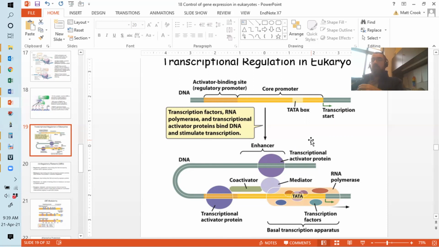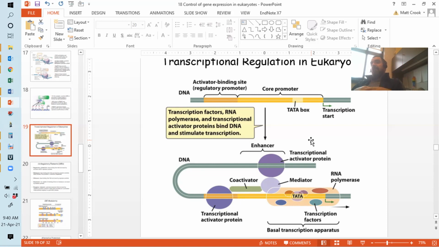So you will get transcription as long as nothing is interfering, but you're not going to get really high levels. You're also not going to get no transcription, because there's no real way of turning that off. So this is the core promoter, the bare bones necessary to turn that gene on.